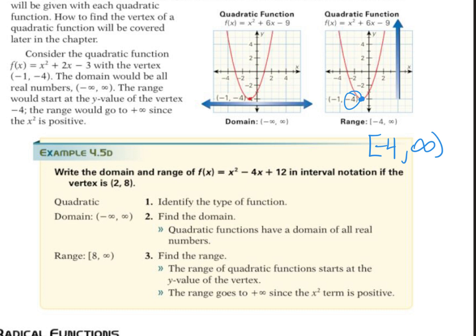If we had a negative x squared here, then it would be negative infinity to whatever that high point is. You use the y coordinate of the vertex. Isn't it the same as absolute value? Yes.